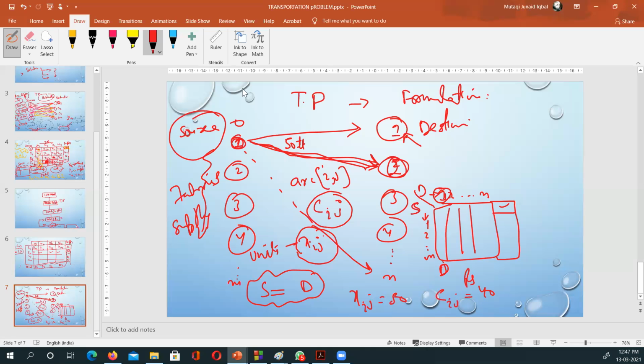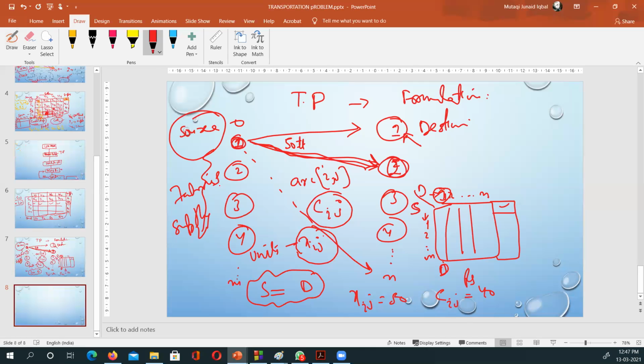So this is the information an arc has. Each and every arc has two pieces of information. The first is the cost from i to j, and the second is how many units you are supplying. So you have to keep that in mind when it comes to transportation.